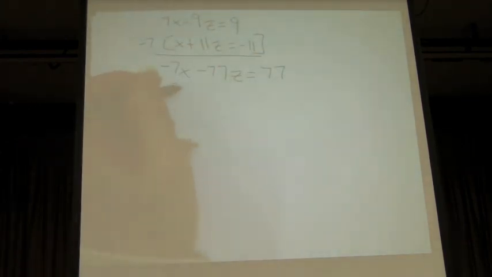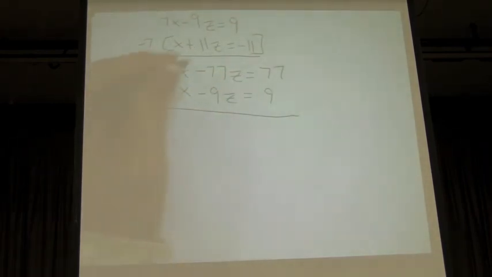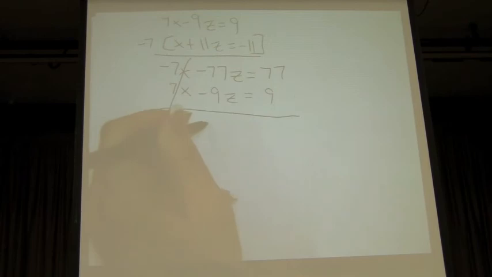Underneath it, 7x minus 9z equals 9. Add the equations together, eliminate x. Negative 77z and negative 9z is negative 86z, and it equals 86. Is that a good feeling? Yeah, I think I'm doing this right.